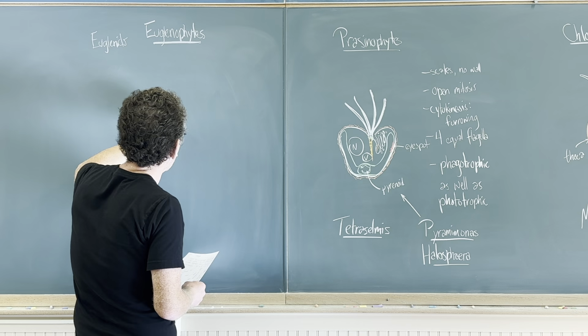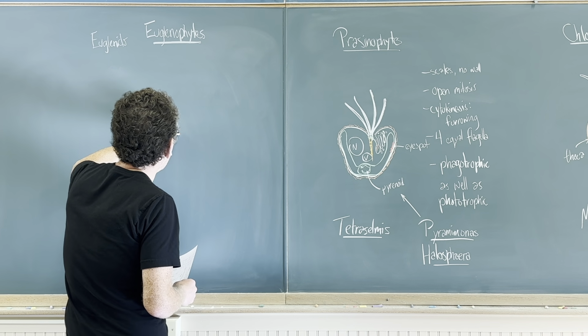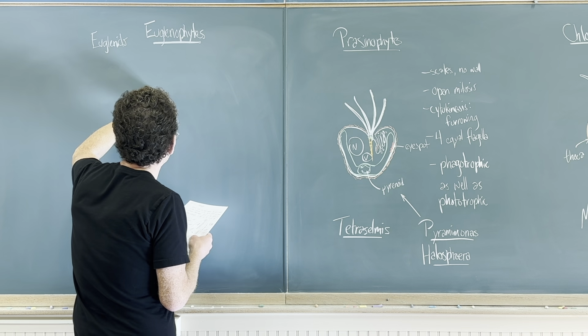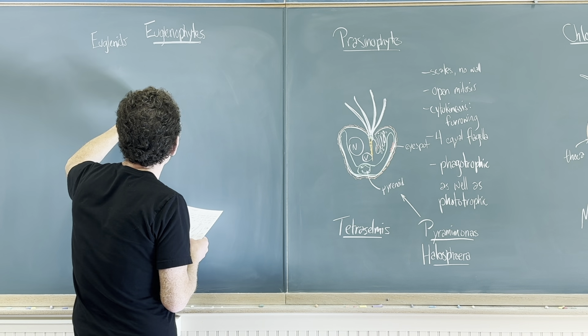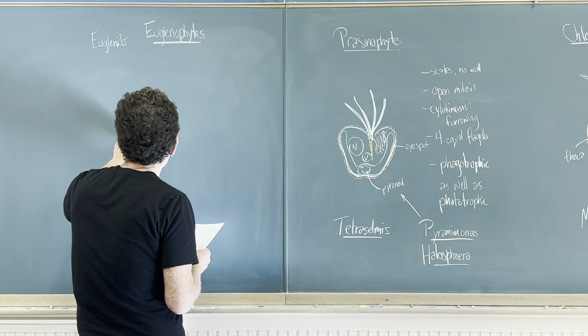Compared to the cells we've been talking about, many euglenids are relatively large flagellates. Bear with me while I draw one out.